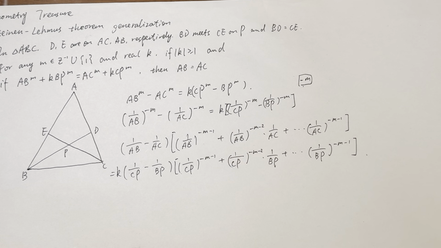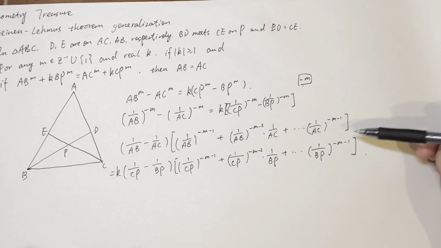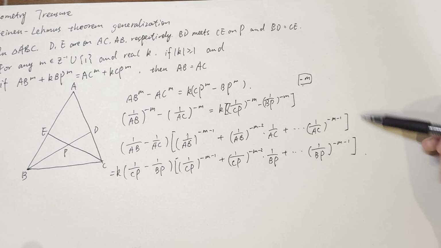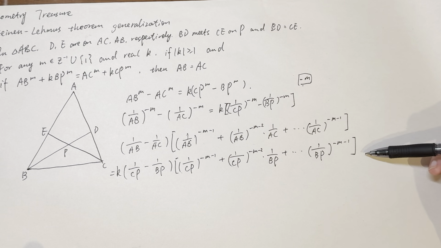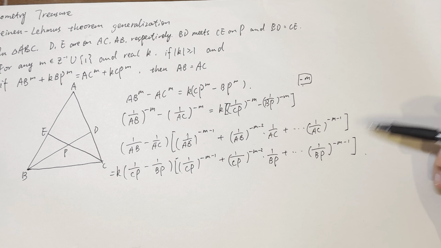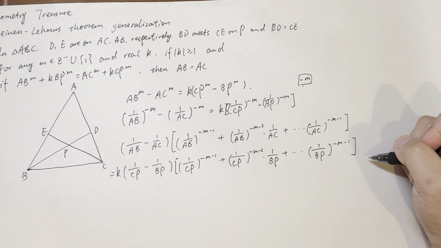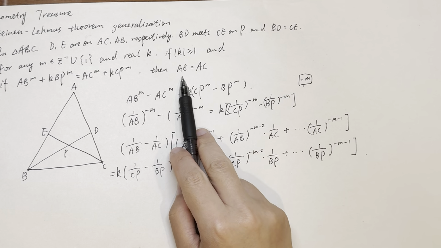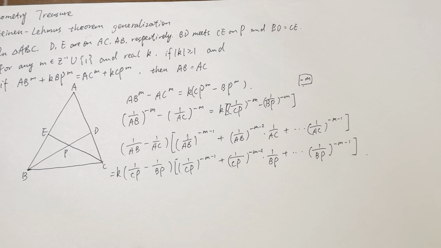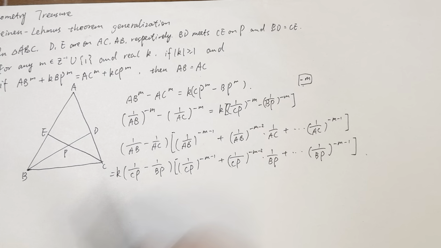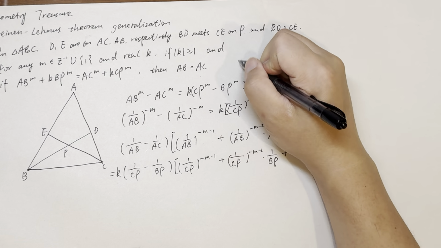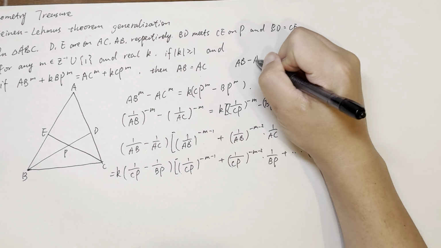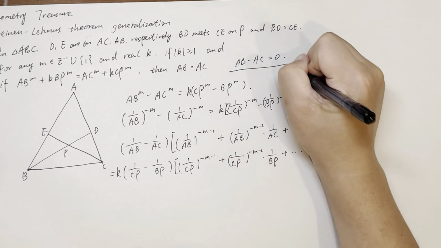Now we have this as our problem set, which means we need to use it. Eventually we want to prove AB equals AC, which means we just need to prove AB minus AC equals 0.